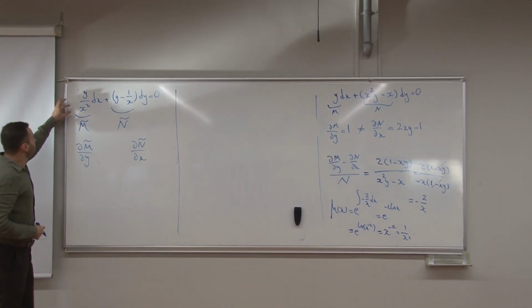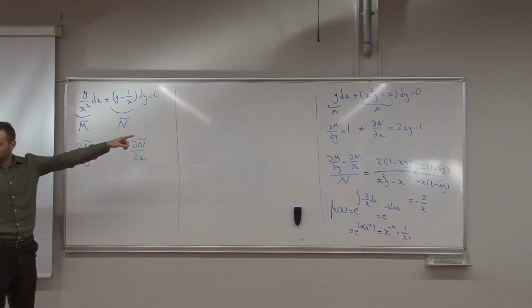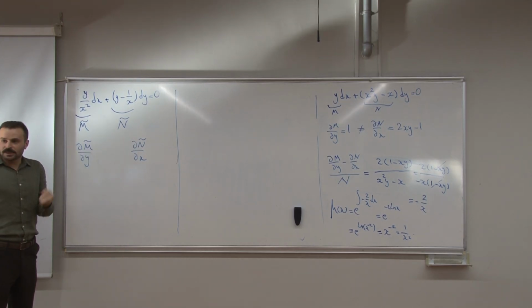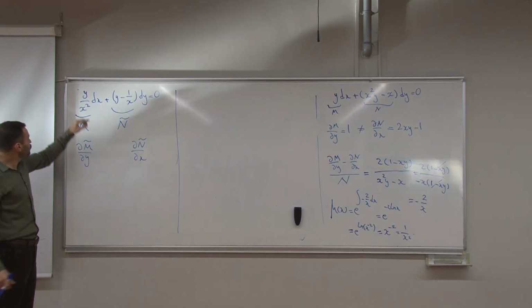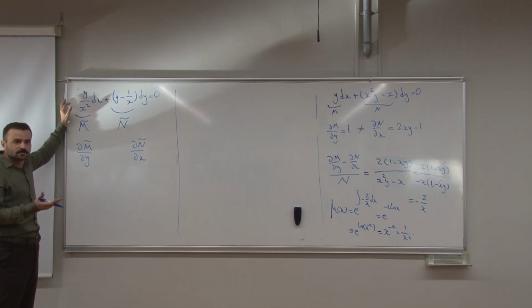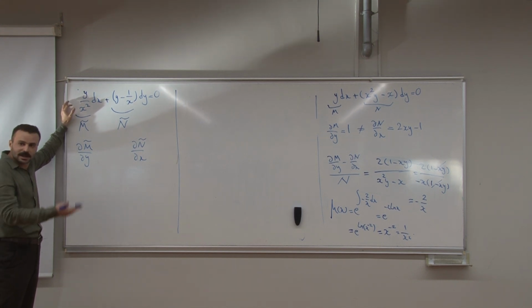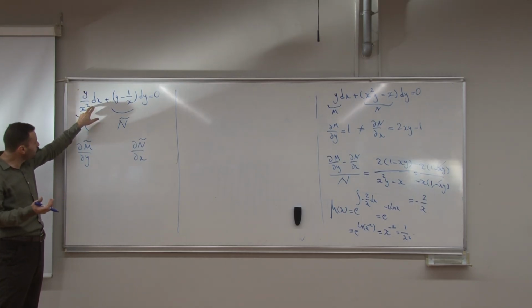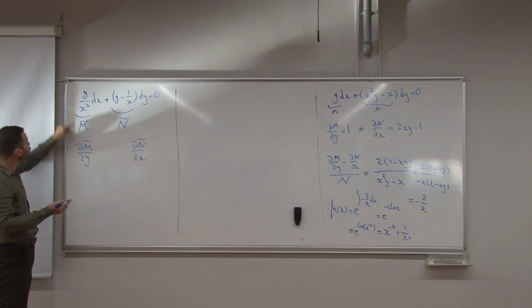Let's solve it. We had that problem, but it was not exact. We tried to find some integrating factor, we found it and multiplied it. We must be sure that it has turned into an exact equation. So how can we check it? Just take the derivative of the coefficient of dx with respect to y.